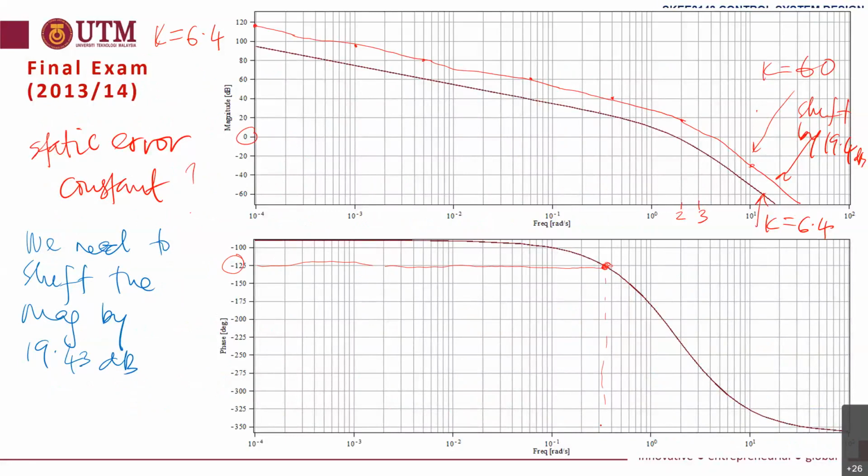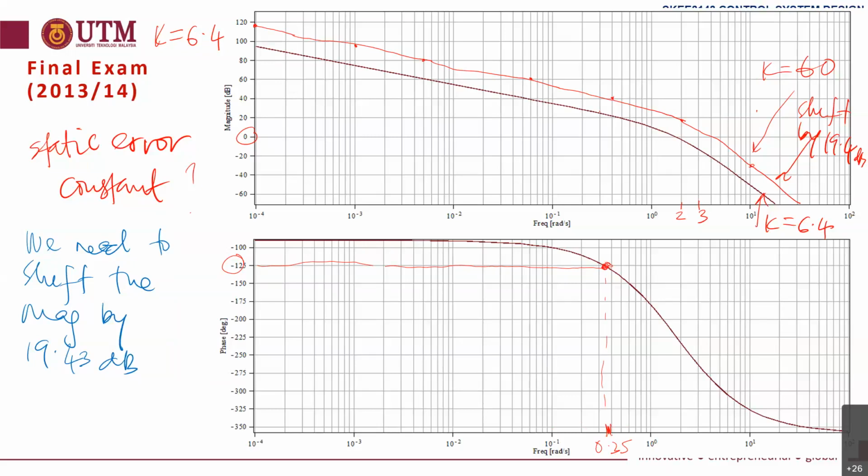Omega here is about 0.1, 0.2, 0.3, 0.4, between, about 0.35.